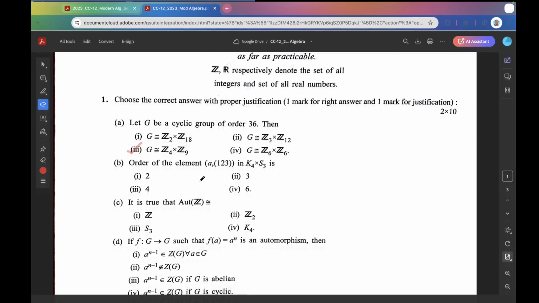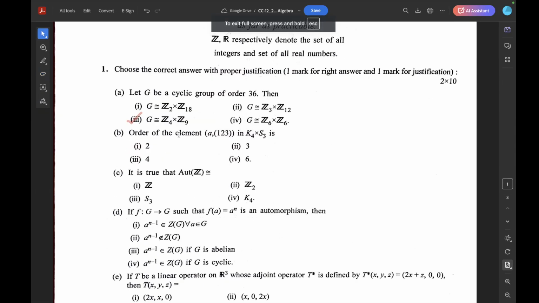Question 1b. Order of the element (a, (1 2 3)) in K4 cross S3, where K4 is the Klein 4-group and S3 is the symmetric group S3.